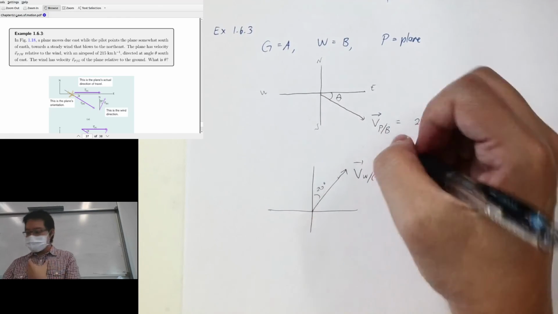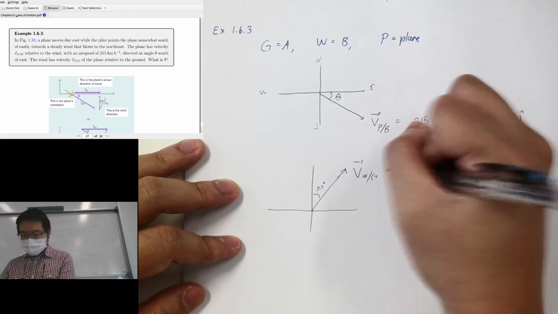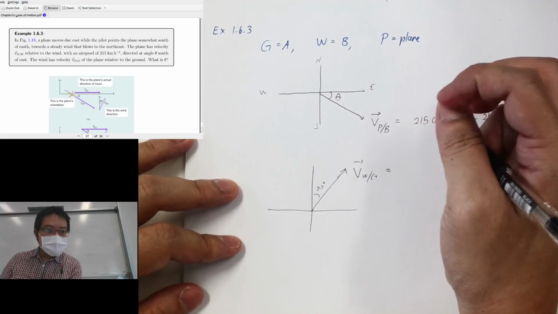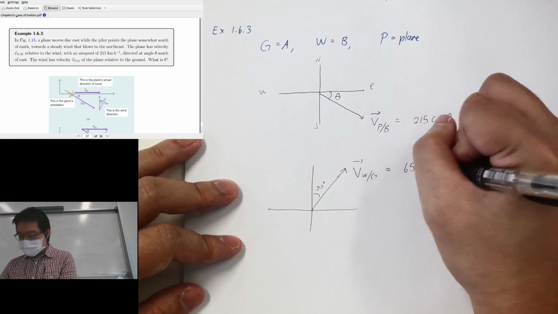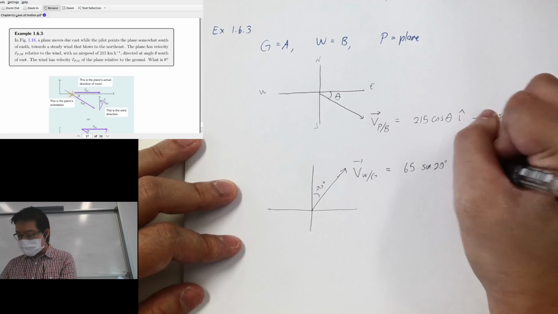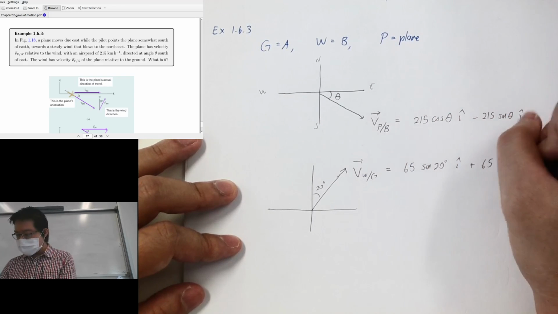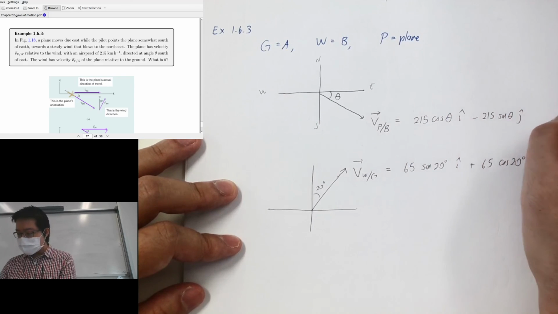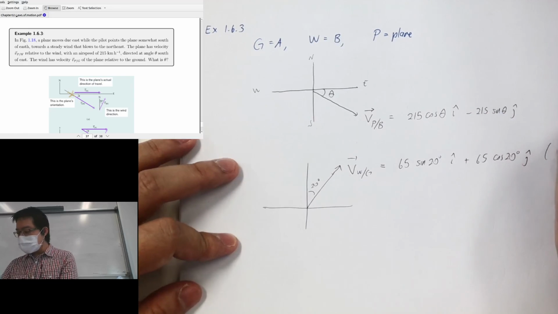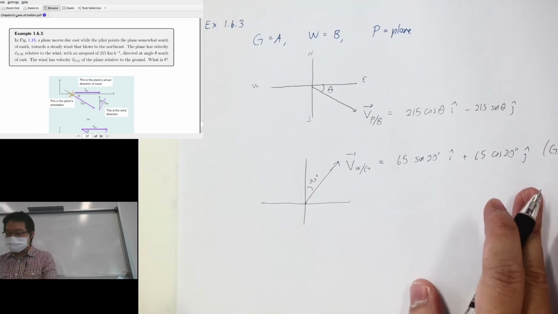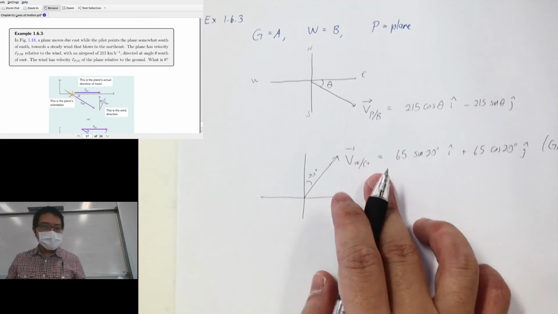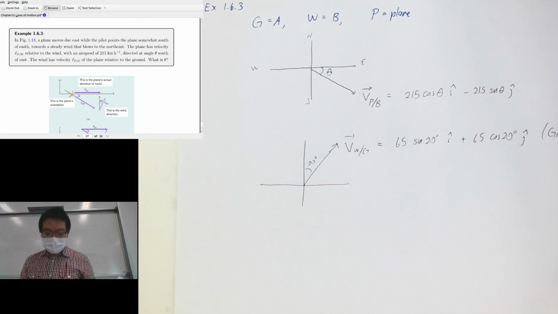The velocity of wind relative to ground is 65 sine 20 degrees i plus 65 cos 20 degrees j. This is given, which I forgot to give, so later I'm going to update the lecture notes. Now from here we can find out what theta is.